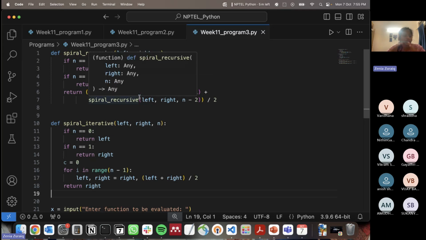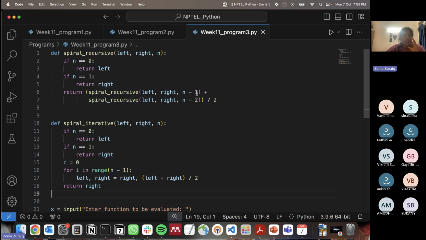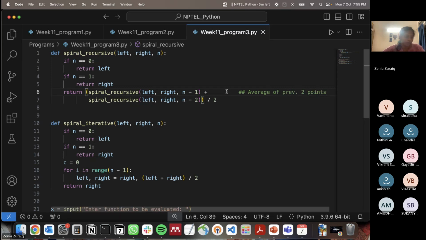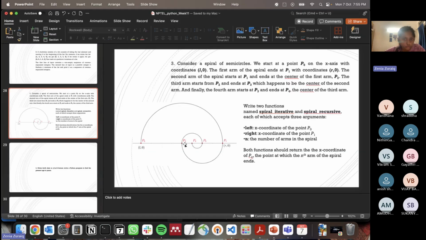So here it's taking the midpoint of the previous two points. So if I want to calculate where P2 is, I have to take P0 plus P1 by 2, correct? So that means n minus 1 and n minus 2.